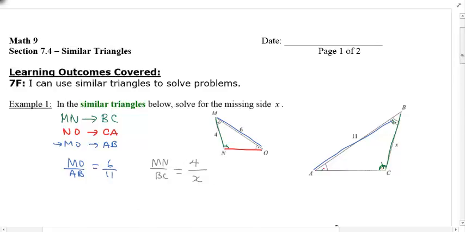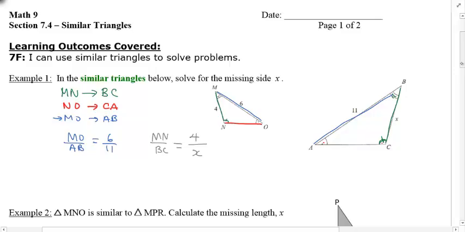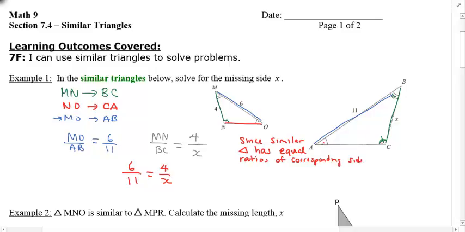Since I know in similar triangles the ratios are the same, I can now equate the two together and solve for X. If you want to write it down, I'll say since similar triangles have equal ratios of corresponding sides, then I can say the following: 6 over 11 equals 4 over x.